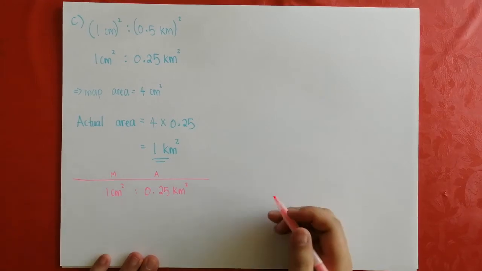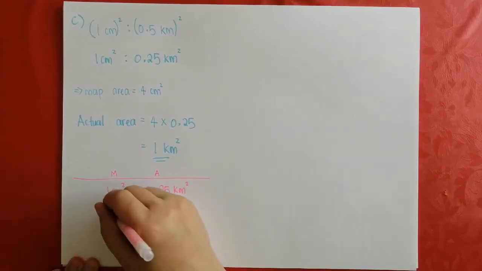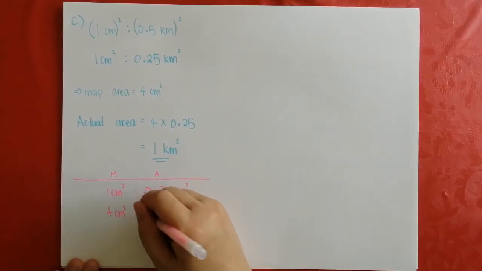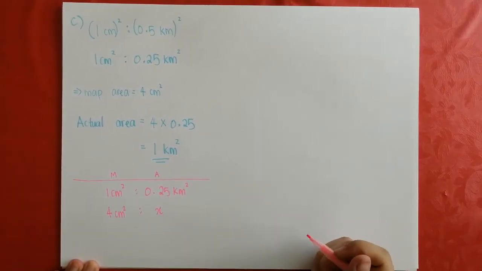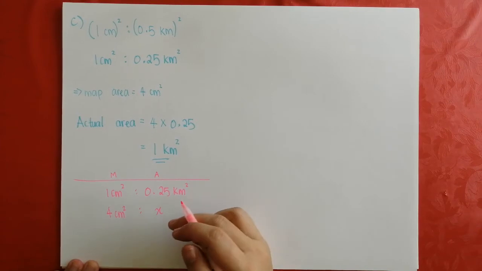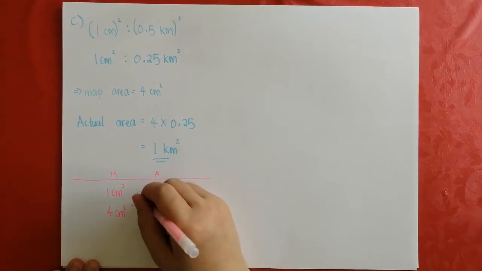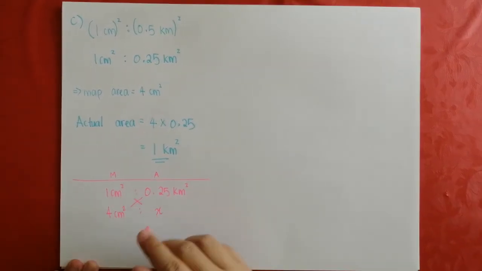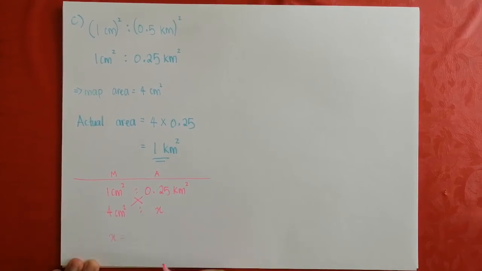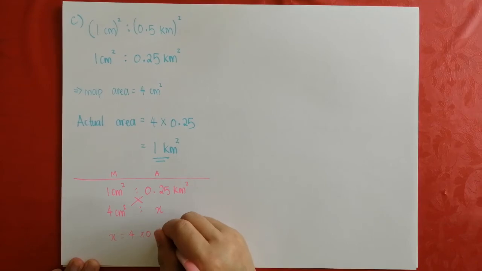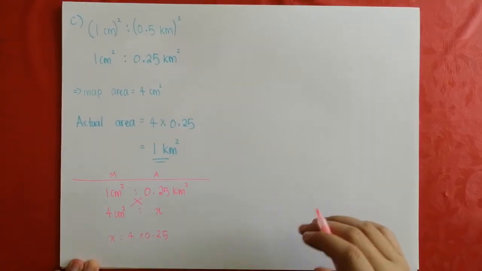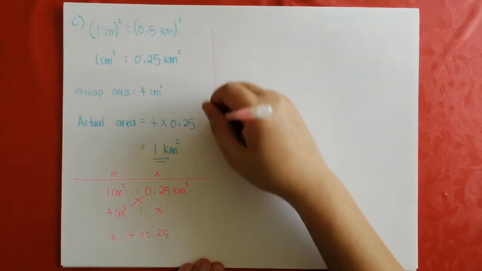Since the map area is 4 square centimeter, 4 square centimeter represents x. We are finding the actual area. If you cross multiply, x times 1 is x, equals 4 times 0.25, which gives you the same answer, 1 square kilometer.